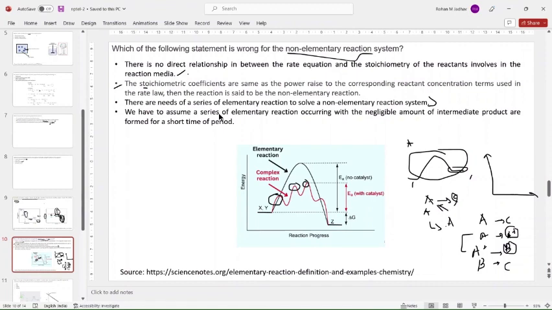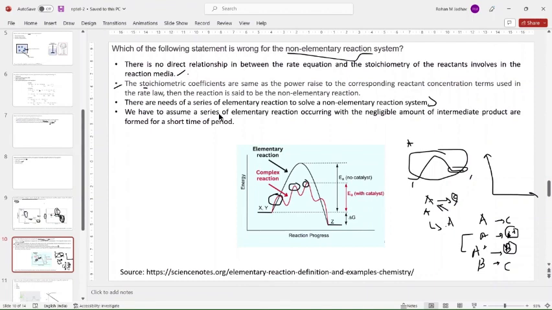So let's move on to the next question. What is the slope of the plot of ln k, that is your rate constant, versus 1 by temperature for a reaction where the activation energy E is positive, or temperature dependency of the reaction constant given by the Arrhenius equation? Now, the Arrhenius equation is the one which you use for temperature-based reactions.